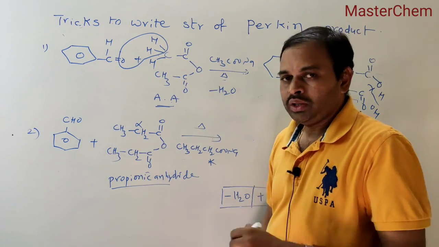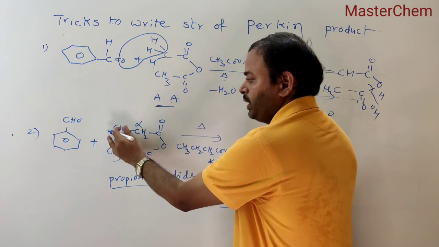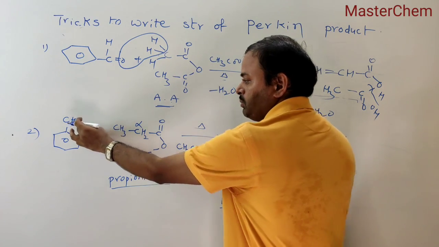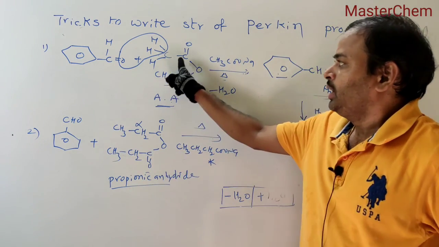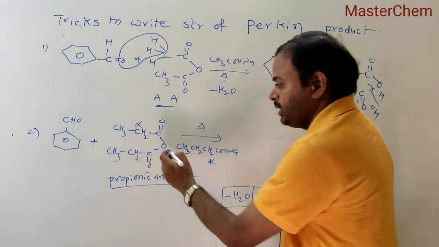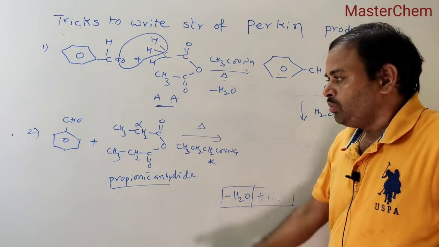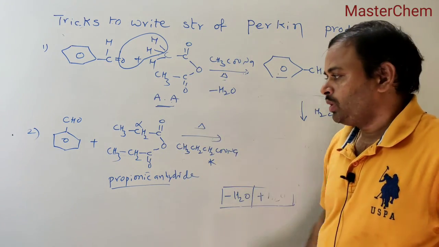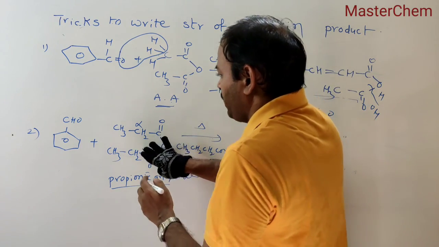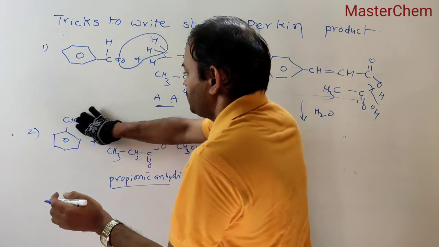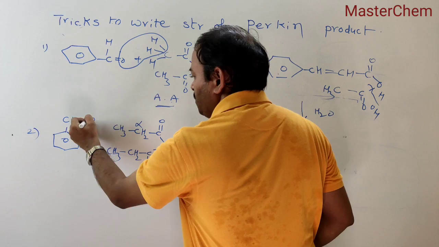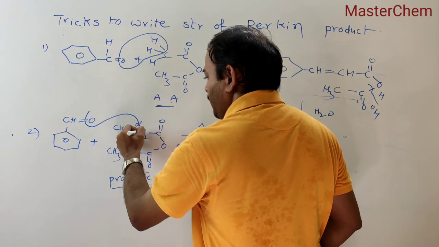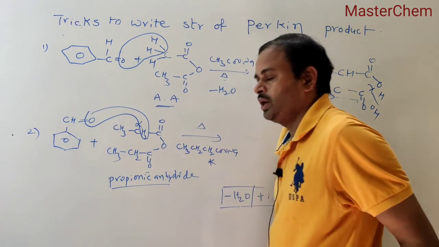You may think of removing 2 hydrogens from here, but here it is the alpha carbon. Here also you should remove H2 from the alpha carbon only. Now I am writing H2O, CH double bond O, oxygen, and removing 2 hydrogens, H2.